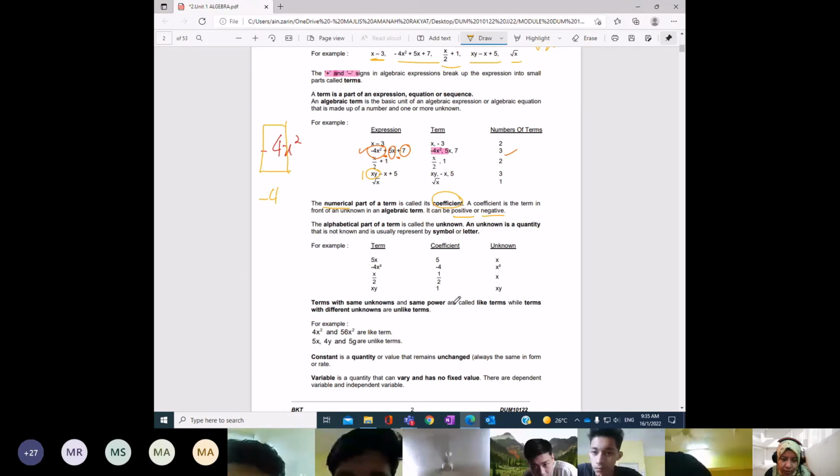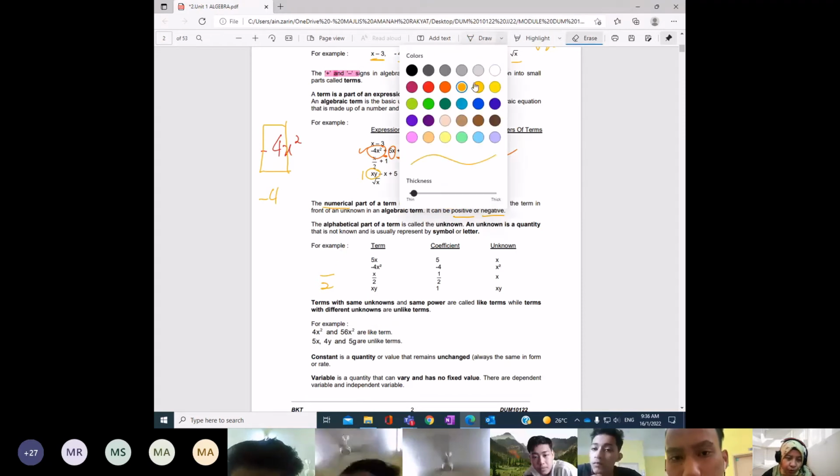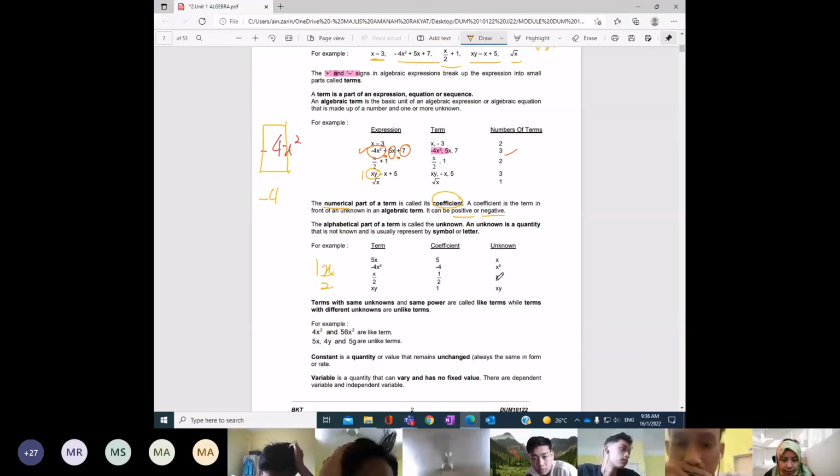Okay, you can see that if we have x over 2 over here, nampak macam tak ada nombor, tapi sebenarnya nombor yang terlibat adalah nombor 1. Okay, maknanya kat sini 1/2. So the coefficient is going to be 1 over 2 and the unknown is x.